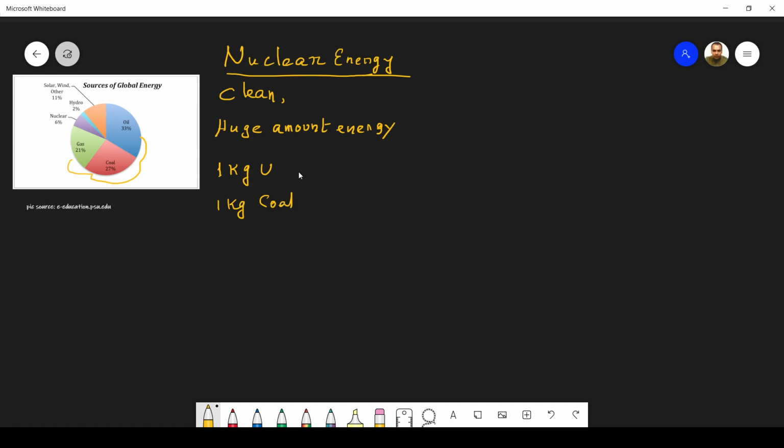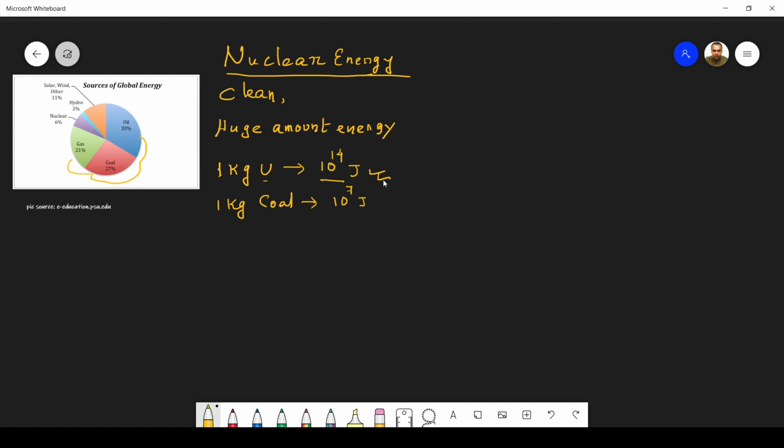Can you imagine how much energy we can get? 1 kg of uranium will give you around 10 to the power 14 joule, whereas 1 kg of coal will give you about 10 to the power 7 joule of energy. So you can see the clear advantage of nuclear energy over coal, oil, or gas.